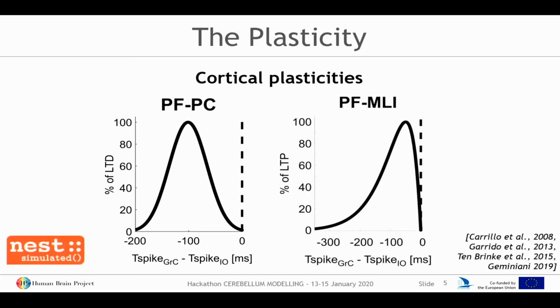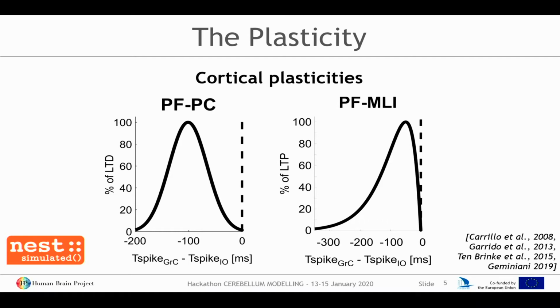For the molecular interneuron, the mechanism is similar, so it's again a time difference. All of those are variations of STDP, spike time dependent plasticities. And in this case, we have a change not of the LTD, but of the LTP.